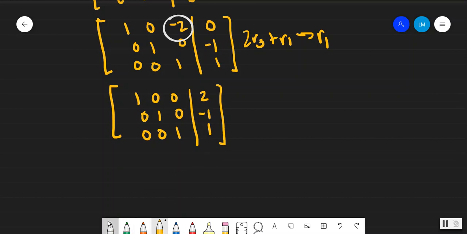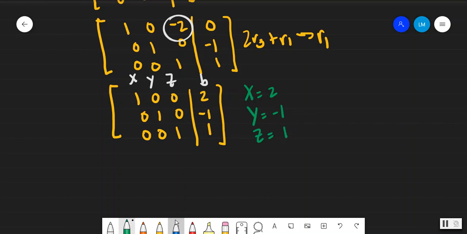So remember that these acted as placeholders, x, y, and z, and then we have our constant that we can just call b, for example. So that tells us that the solution is that x equals 2, y equals negative 1, and z is equal to 1.